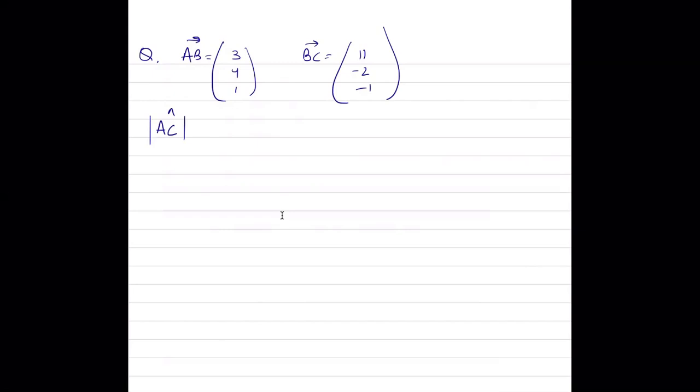So first of all, you are going to find the vector AC. How am I going to find the vector AC? AB plus BC. 3 4 1 plus 11 minus 2 minus 1.